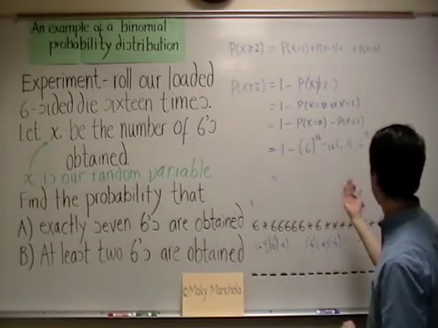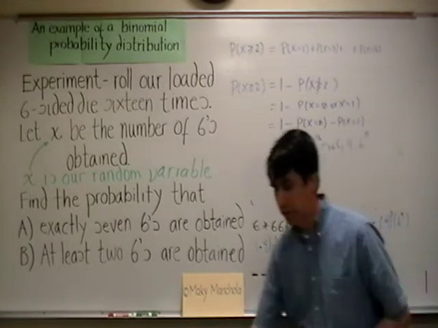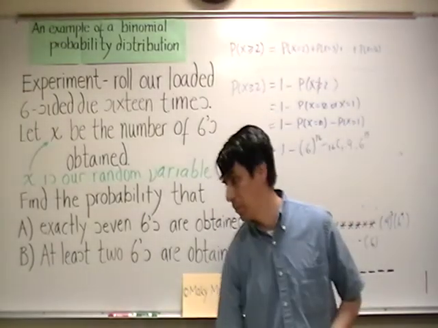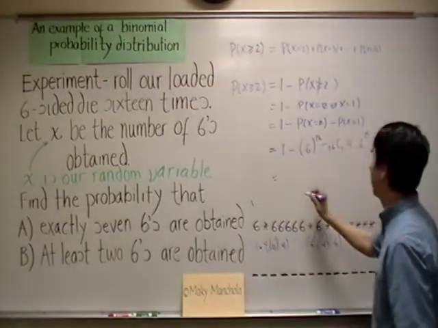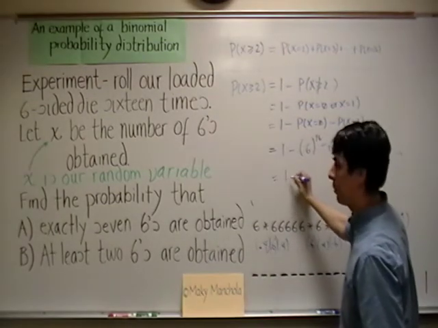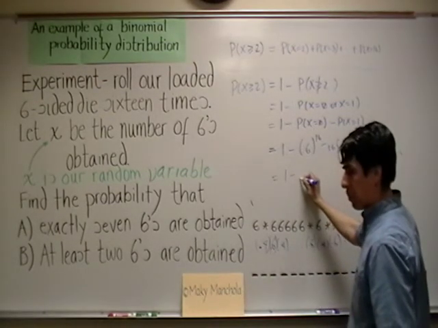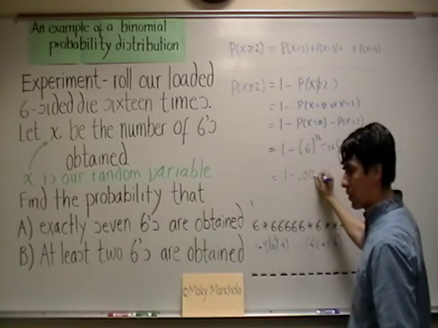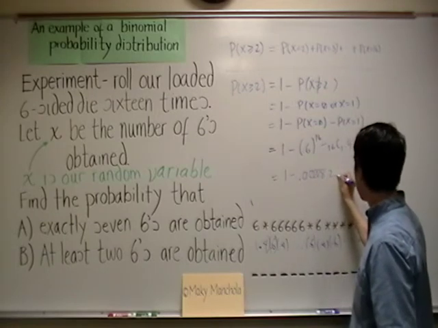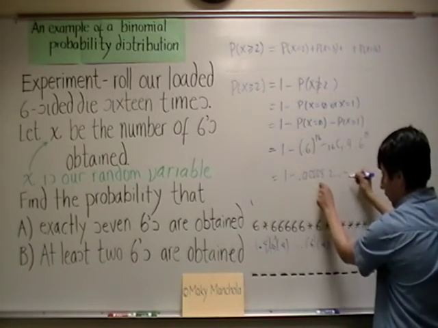Now, earlier I did this calculation. I put that in a calculator. I did the calculation very carefully. I ended up finding out that this is the same as 1 minus 0.000282, etc. minus, that took care of this guy.